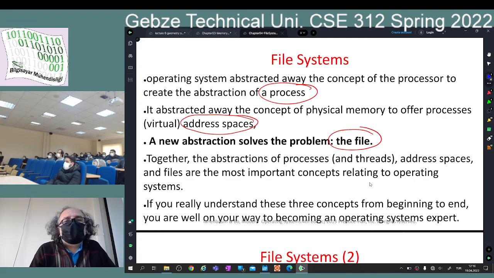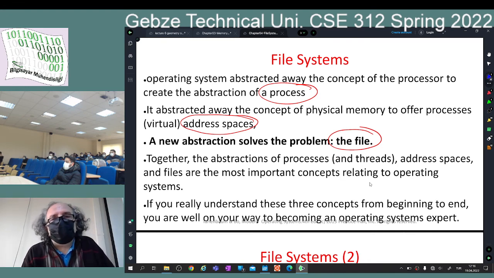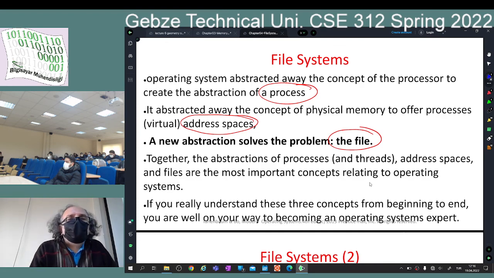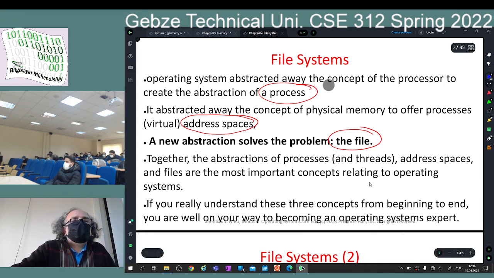A process or a thread can represent a processor, and it doesn't matter how many CPUs we have in our system, we talk about processes and process scheduling, etc. We spent lots of time on it. So that was the first abstraction, the abstraction of the CPU.